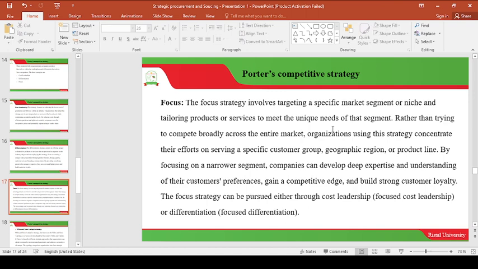You have developed the expertise in that area, and you have developed strong customer loyalty. So the focus strategy can be pursued either through cost leadership or differentiation.